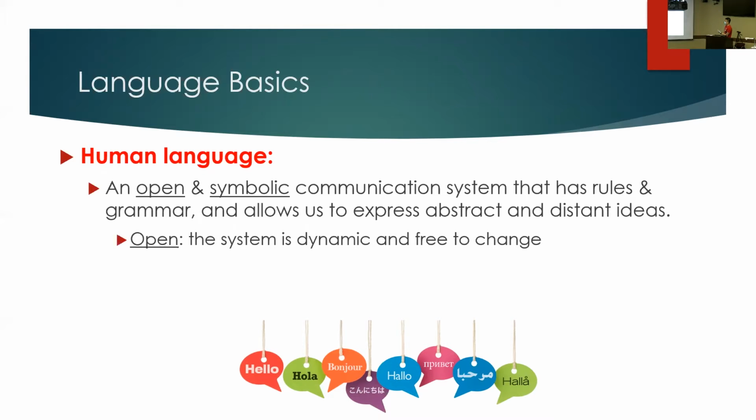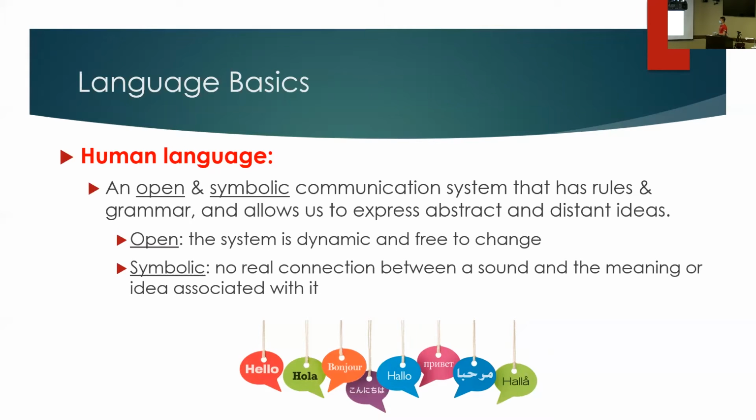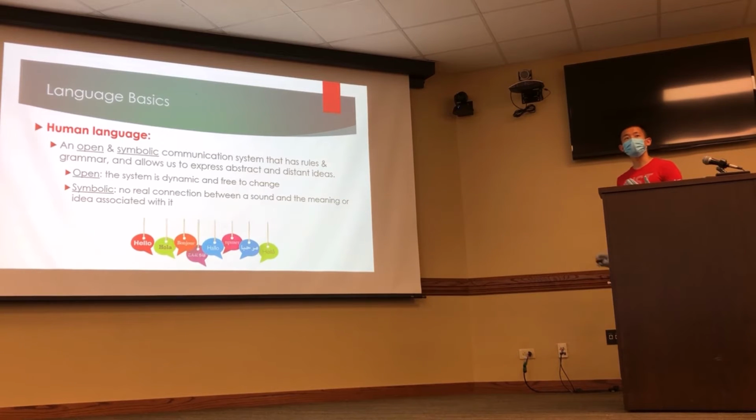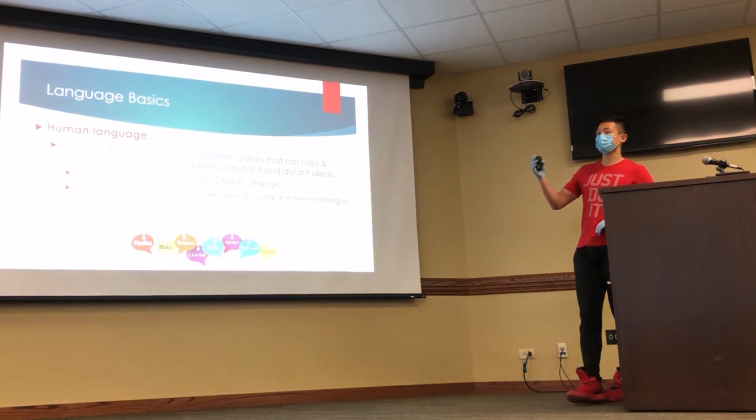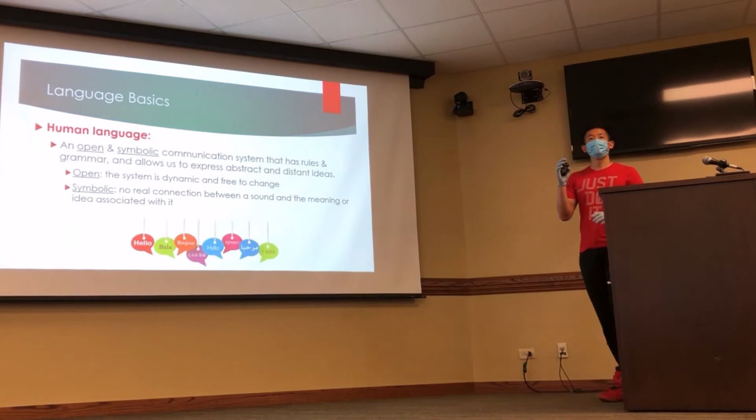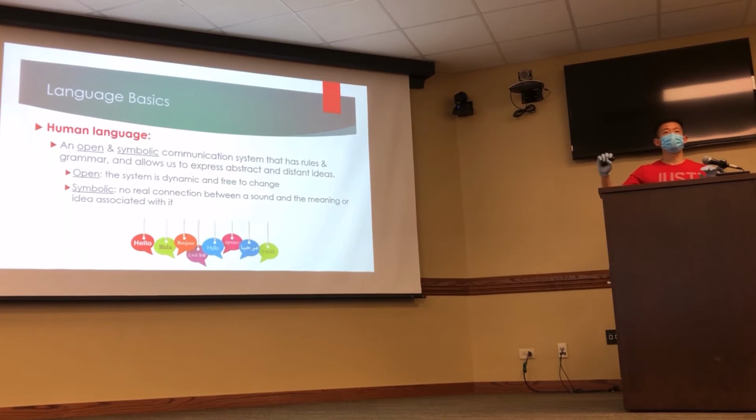The word open means that the system is dynamic and free to change. Symbolic means that there's no real connection between a sound and the meaning or idea associated with it. Does that make sense? Our language keeps evolving, it keeps changing, and symbolic means that a lot of words don't have real meanings associated with what they mean. It's just a symbol.